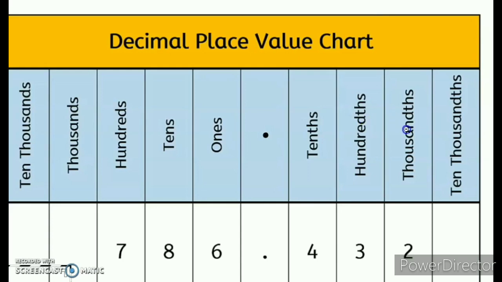The third place after the decimal point is called the thousandths place, which we get by dividing the number by 1000. Next, the fourth place after the decimal point is called the ten-thousandths place. All have to remember the places in a decimal place value chart.